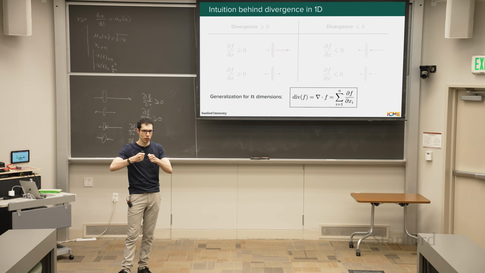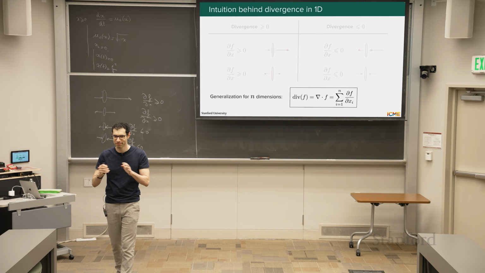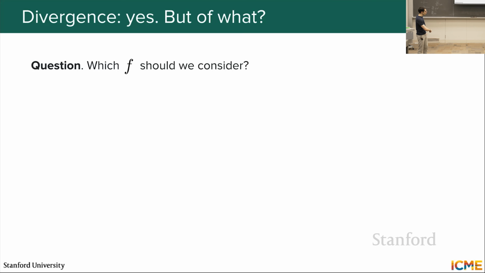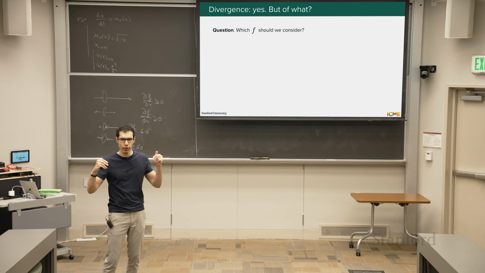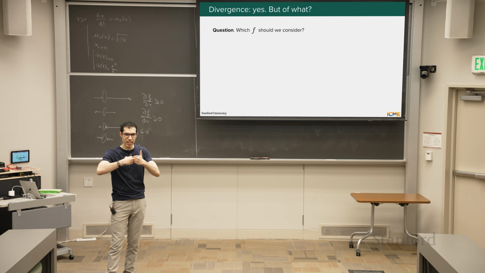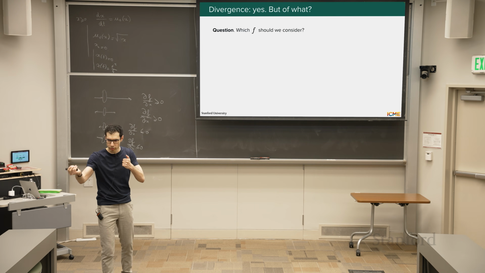And if it's positive, it just means that there are more things coming out. And if it's negative, it means there are more things coming in. So based on that, we want to see how we can use this divergence operator back in our continuity equation example, where we want to quantify the net inflows, which is how much density is coming in versus out.